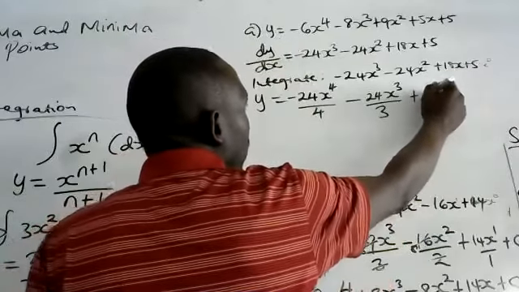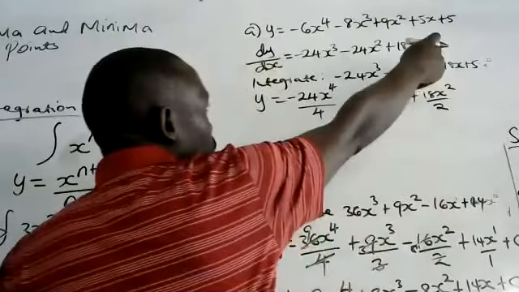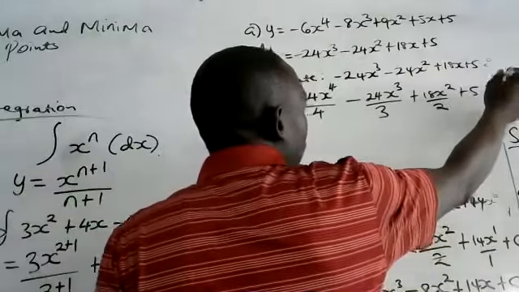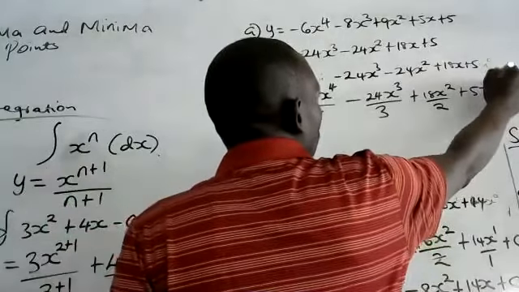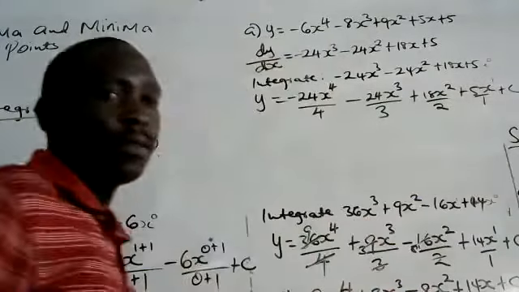So 18x power 2 over 2, that is 1 plus 1 is 2, plus 5x, 0 plus 1 is 1 over 1, and then we say plus C.